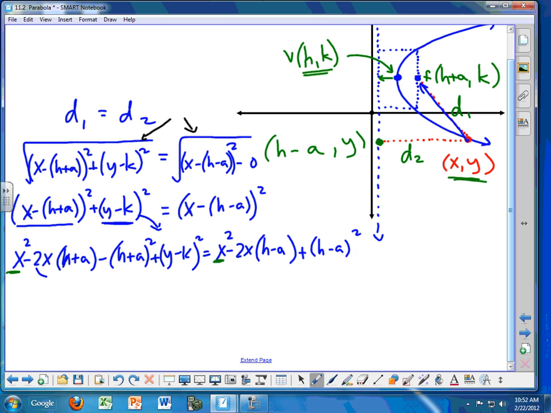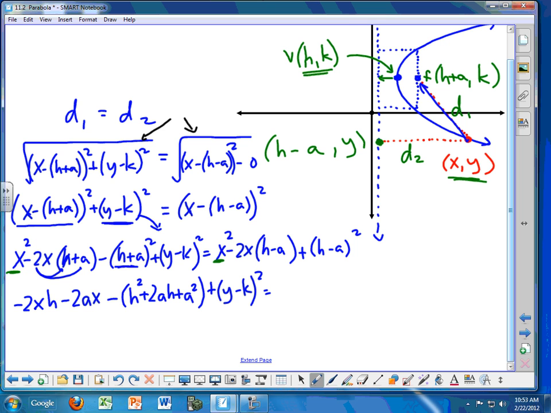So we'll do a couple more steps here. First, I'll distribute this 2x inside of my quantity. So negative 2xh minus 2ax. And I'm going to square this out. H squared plus 2ah plus a squared plus y minus k squared.